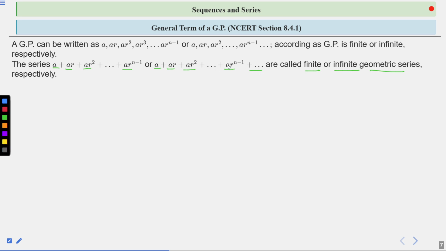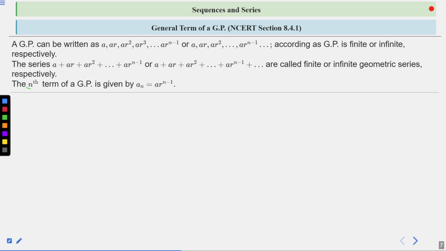Here we are adding infinite terms, and in the finite one we are adding a finite number of terms. Simple. Now, the nth term of your GP is simply given by AN equals A times R raised to the power n minus 1, where A represents the first term of your GP and R represents your common ratio. Simple.